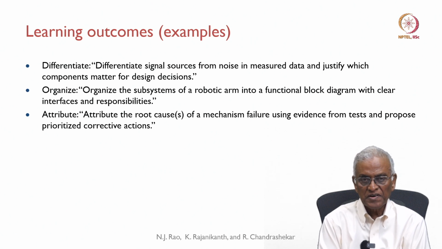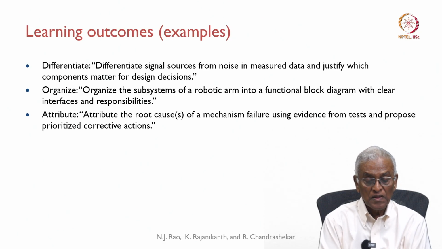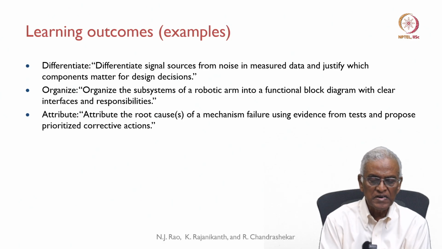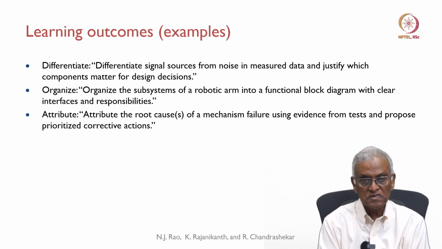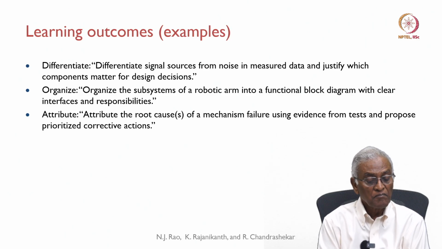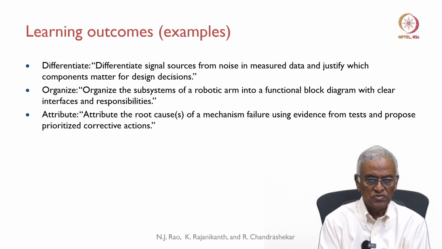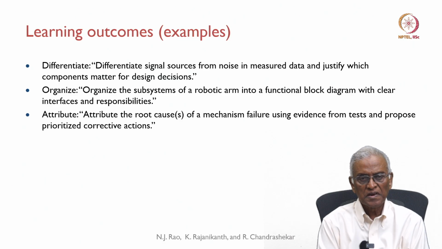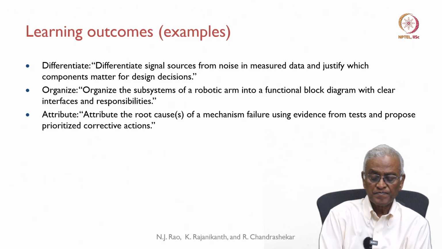Now, something went wrong in a given system, and from the evidence that is available to you, you are trying to identify the particular cause or root cause that led to the failure, and then based on that you are also proposing corrective action, what you should do. So these are the samples, and I am sure all these activities are involved in any engineering discipline.